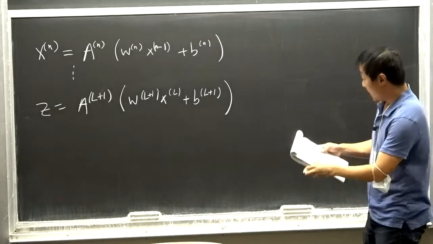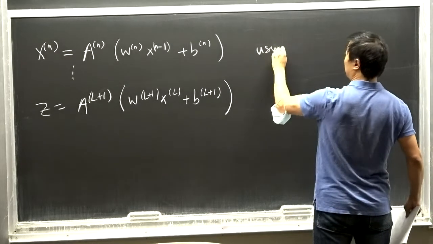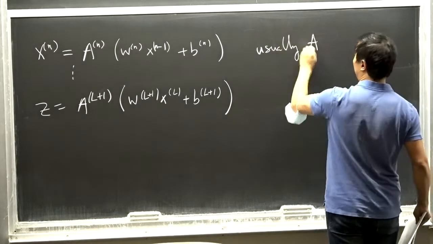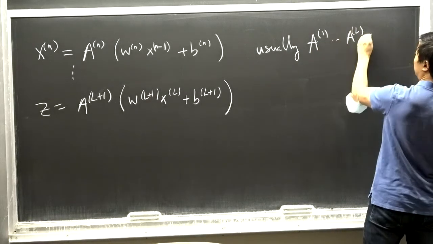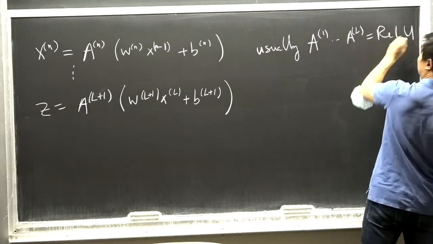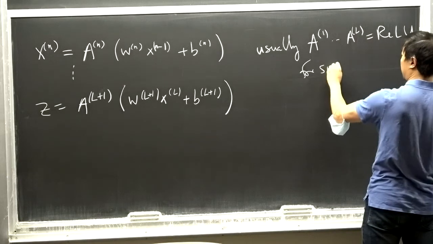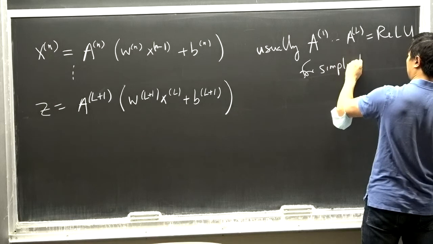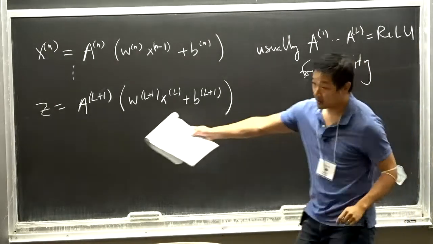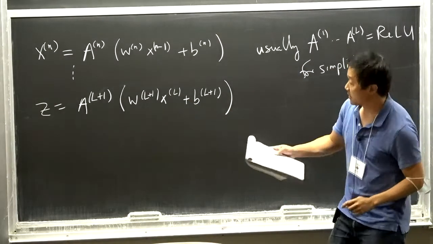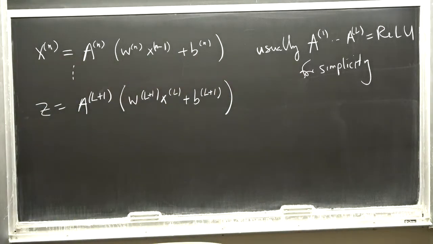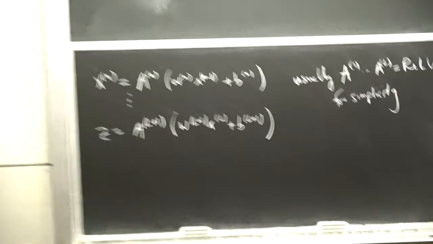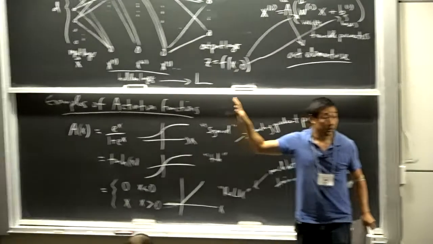And so usually we pick A1 to AL to be ReLU for simplicity. And then the last layer is special, because that's the one that we're going to want to do whatever it is we want to do. For instance, for binary classification, we want this to function as a probability, right?